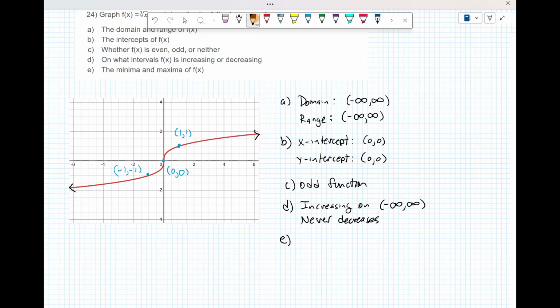My y values continue to go all the way up to positive infinity and all the way down to negative infinity. And again, we don't have any hills or valleys in this graph. So there are no local or absolute maxima or minima. All right, and we are done with x to the third.